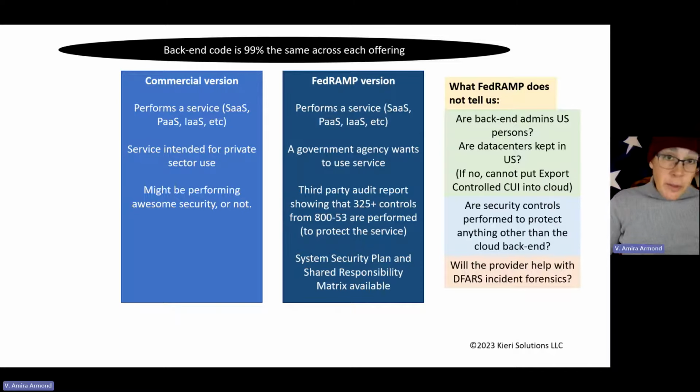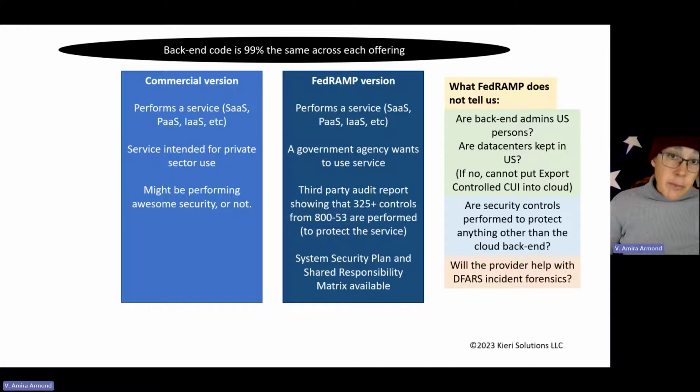Second, it needs to perform a service that the government wants to use, because the only way that a cloud is allowed to get into this FedRAMP program is because a government agency wants to use the service. So if that service is dedicated to private sector, it simply can't do FedRAMP.